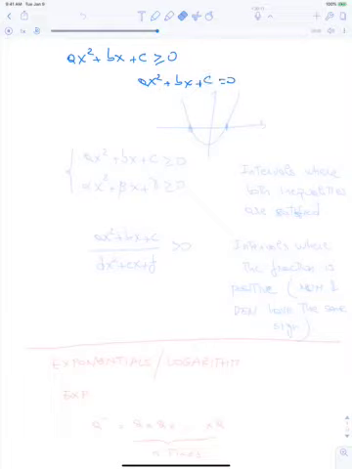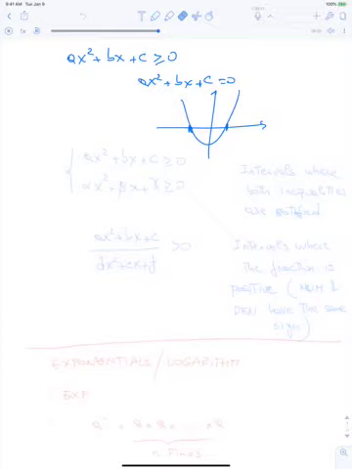And then we just studied the associated parabola and see where the parabola is greater than or equal to 0, which means where it is above or below the x-axis.